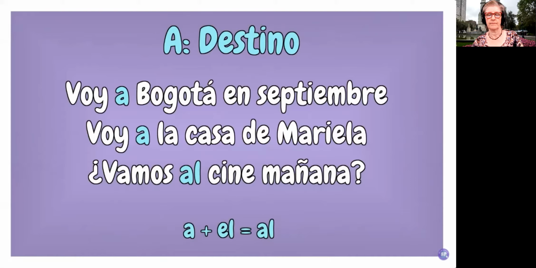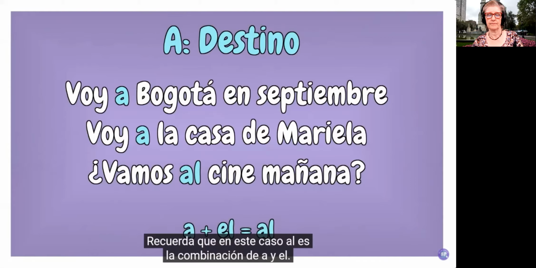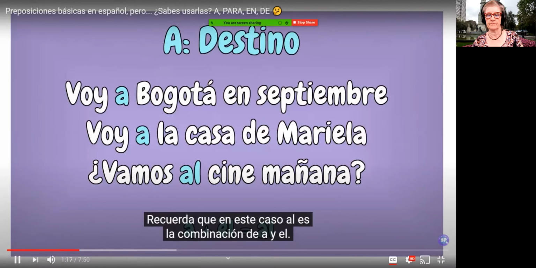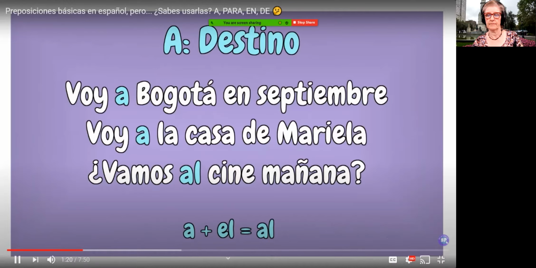Vamos al cine mañana. Recuerda que en este caso, al es la combinación de a y el. So do remember, because this is a hard thing for all of us as English speakers to remember. A and el next to each other cannot stay as two separate words. And that's the only one with a that does that. It has to become al. A la, separate words, a los, separate words, a las, separate words, but al.